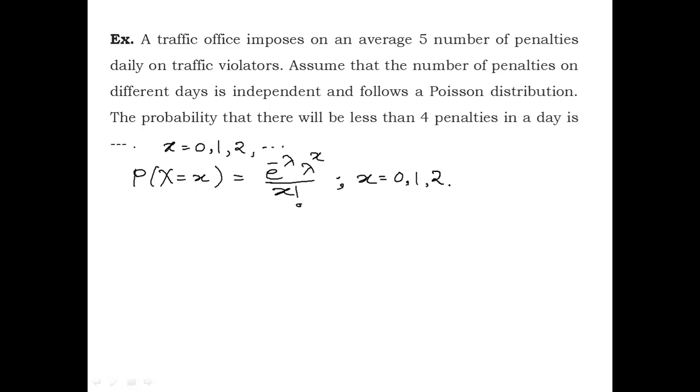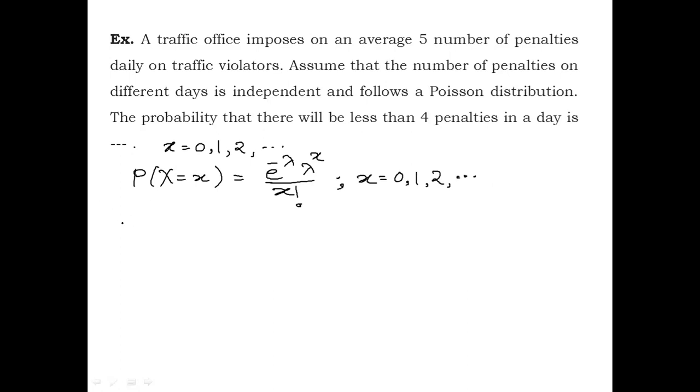In case of binomial, the values were 0, 1 till n, means n plus 1 finite values. But in case of Poisson, there are infinite number of values. Even though infinite, this is still discrete because these are countable values.